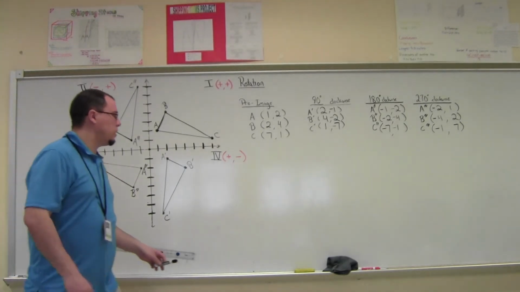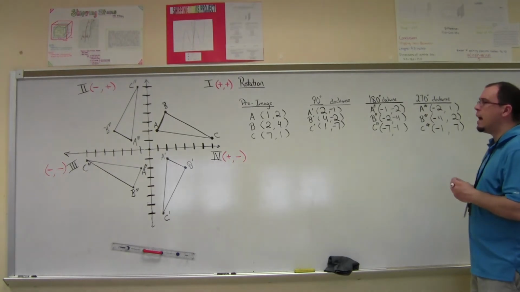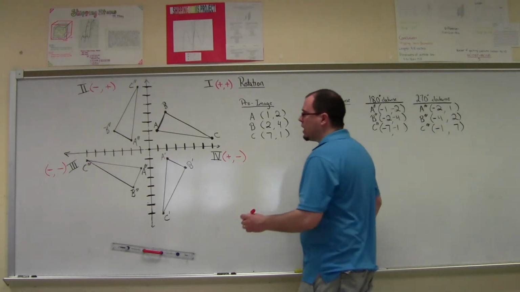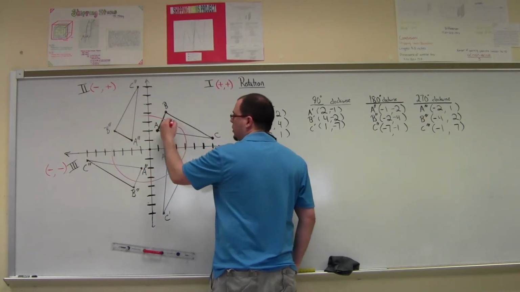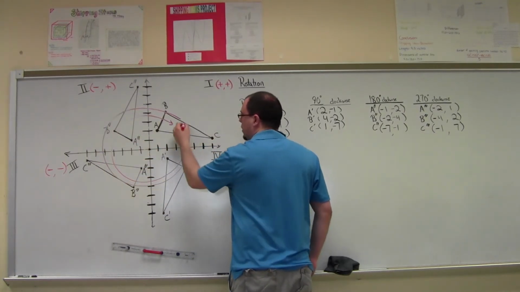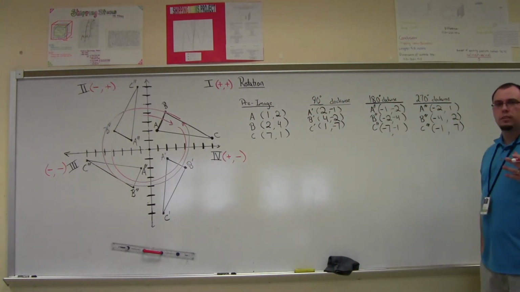There's one other thing we should acknowledge, and that's what happens if you're asked to rotate your shape counterclockwise. Well, when you rotate clockwise, you're going around like this. Counterclockwise, you're just going around in the opposite direction. You're going to get the same values, but it's going to be different degree measures.